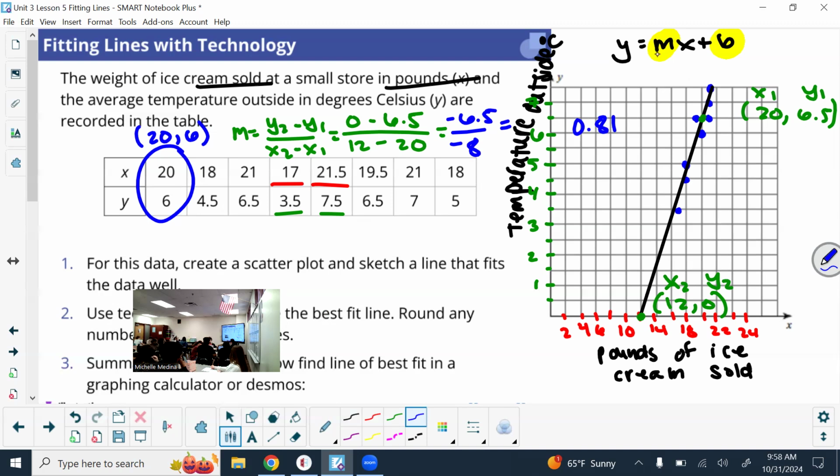All right. If we have the y-intercept showing on our graph, then we could just use that approximate location. Can I see my y-intercept on this graph? Where do we find the y-intercept? On the y-axis.